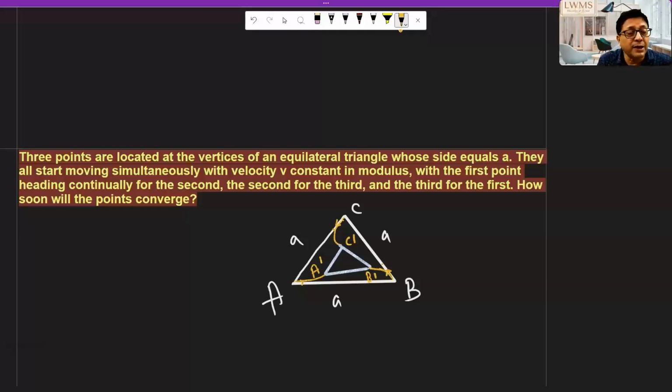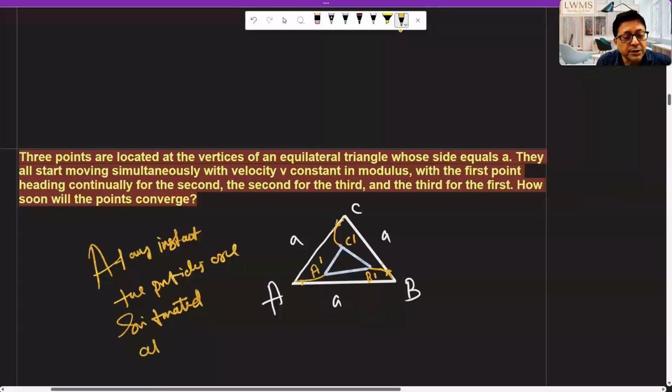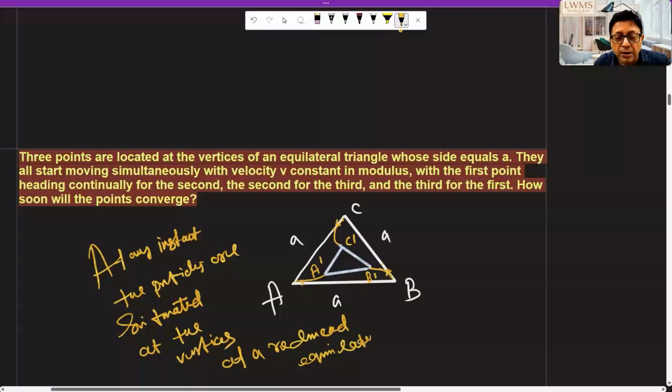So you will be stating this manner: at any instant, the 3 particles are situated at the vertices of a reduced equilateral triangle.